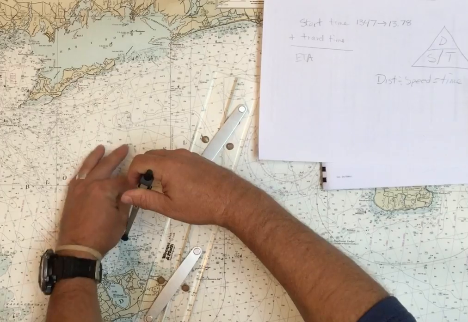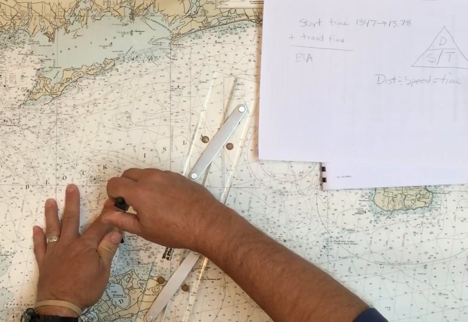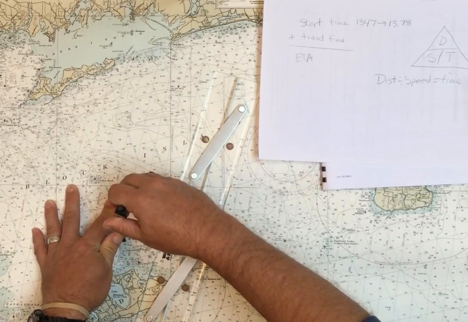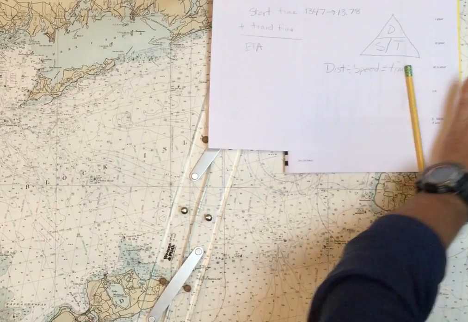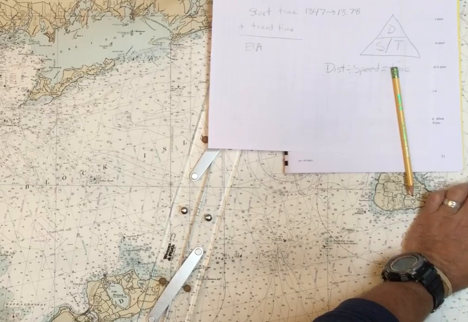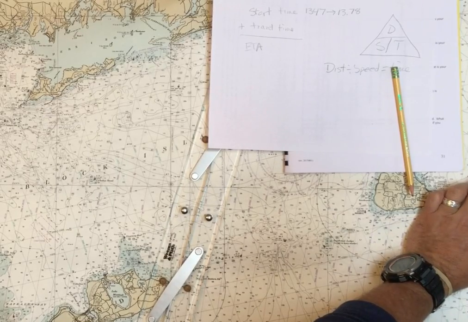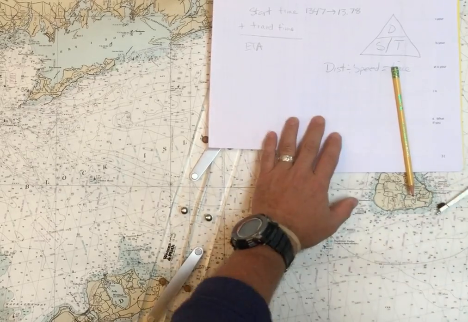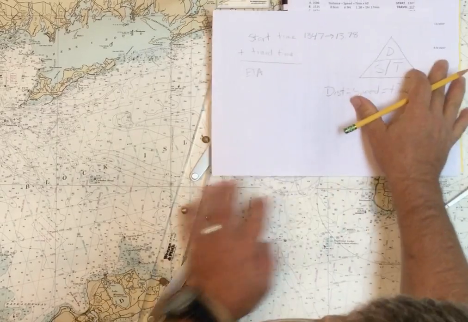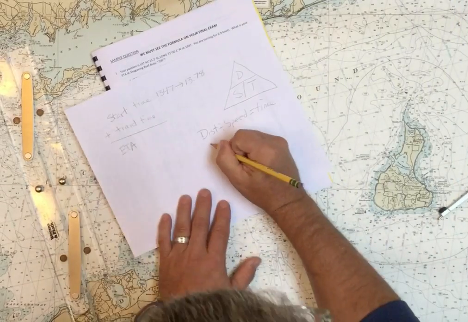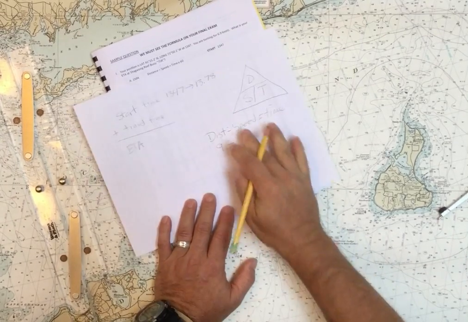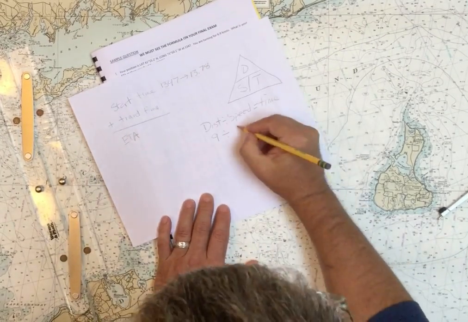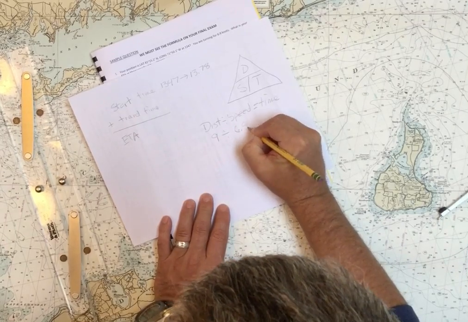So it's going to be 5 plus whatever this distance is. I've got 5, and this looks like exactly 4, so I'm going to call my distance 9 miles. So let's put that into the problem: 9 miles divided by the speed. They gave me the speed in the problem. They said I was making 6.9 knots.